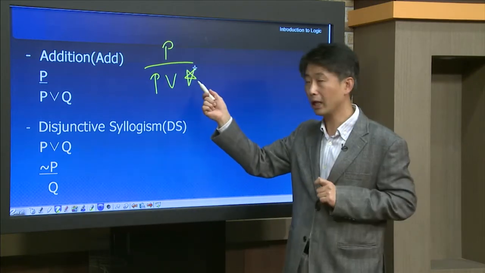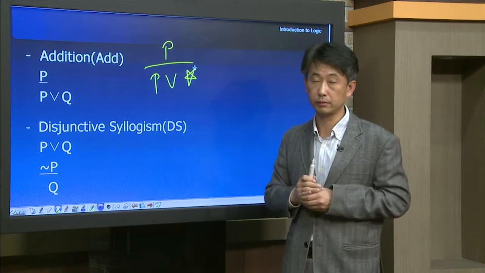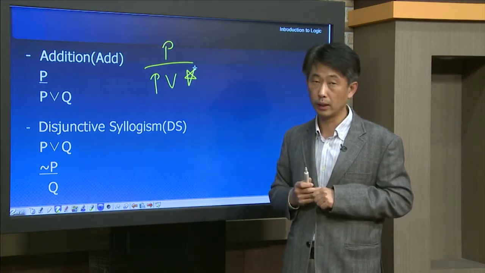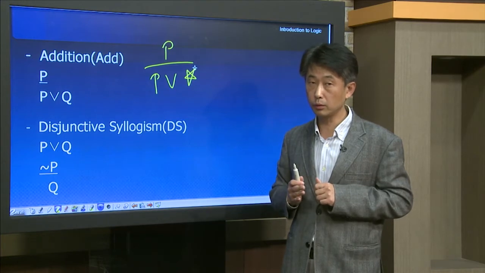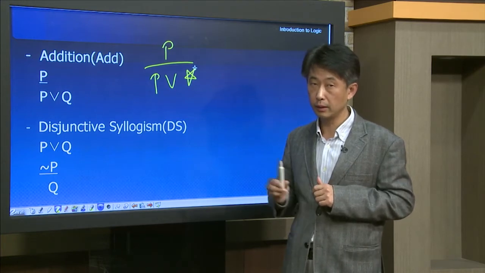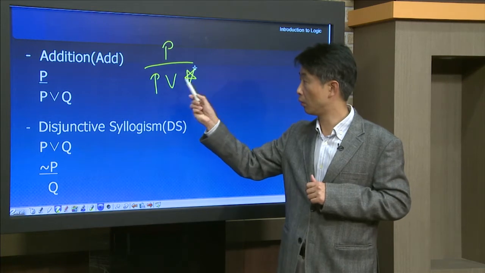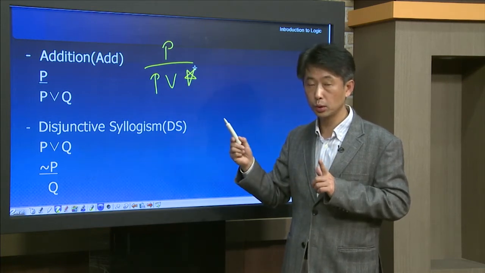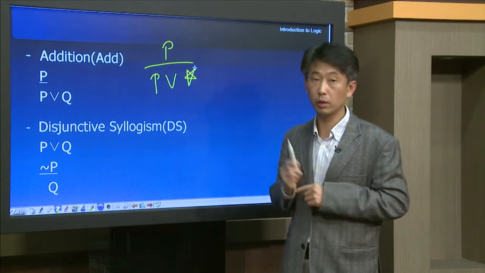You can add any statement whatsoever, and still it's a valid rule. And you can see why this is valid. Because a disjunction, P or Q, is true if only one of them is true.